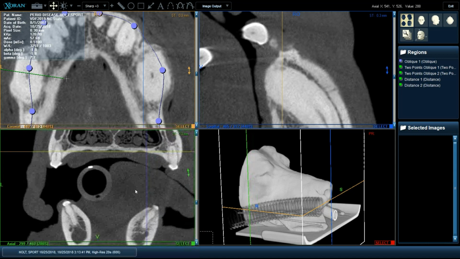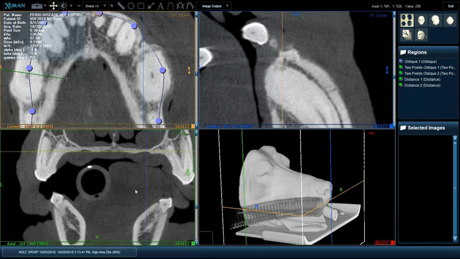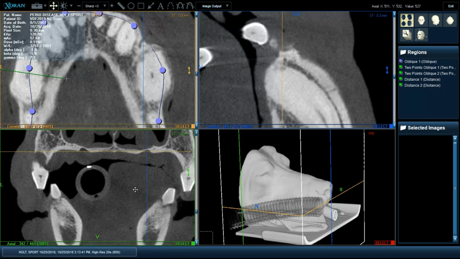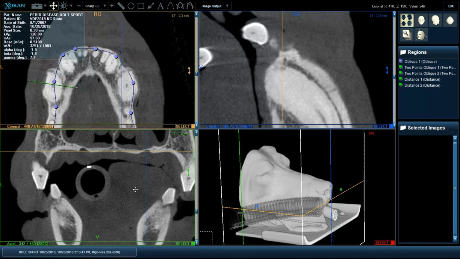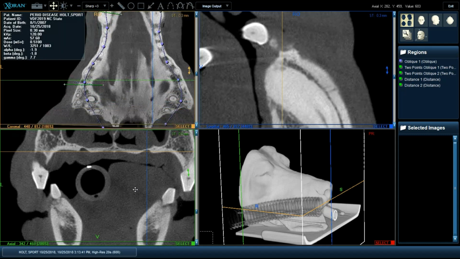And we keep making our way more distally. We can see the roots in the long axis. And in this particular tooth area on the left side, we have this very obvious and relatively localized severe periodontal disease.